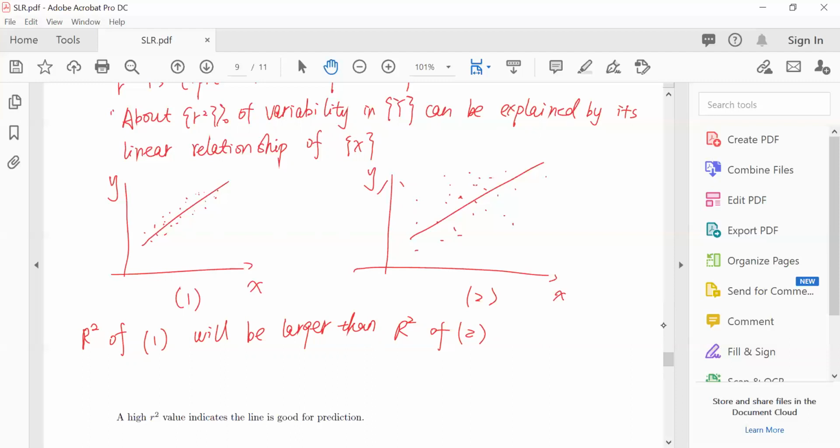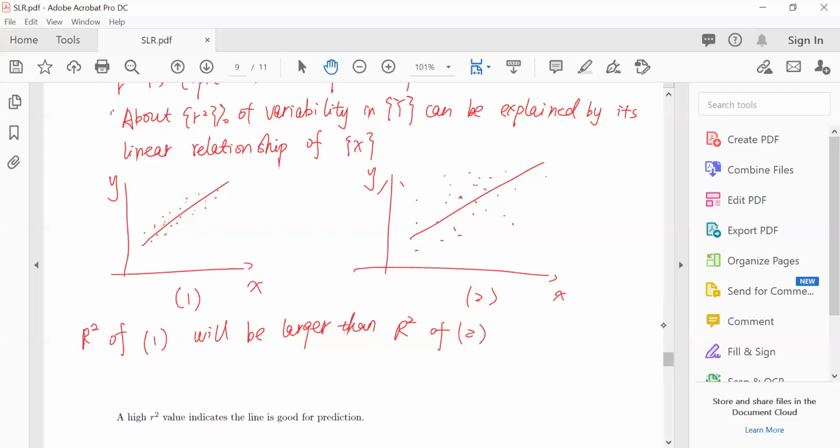So that means the proportion of the variation in y that could be explained by x is smaller, and there will be a larger percentage, compared to the graph on the left, that could be explained by many other reasons, because the data points are not that clustered around the line.